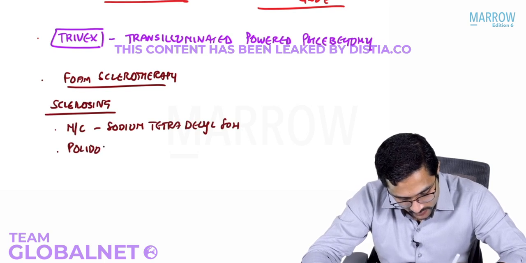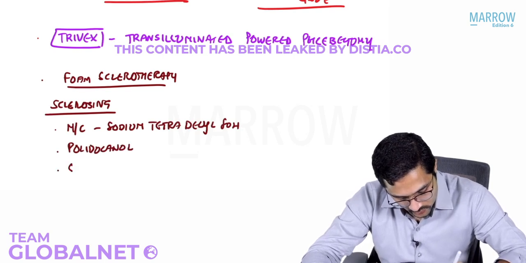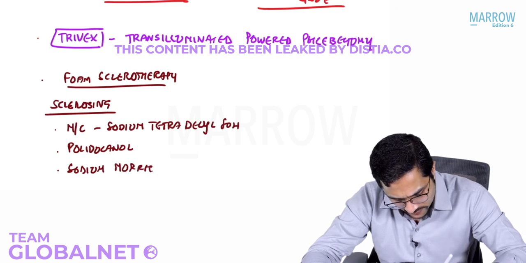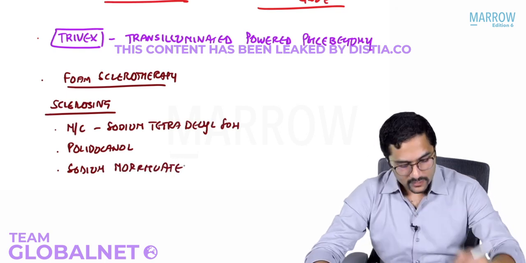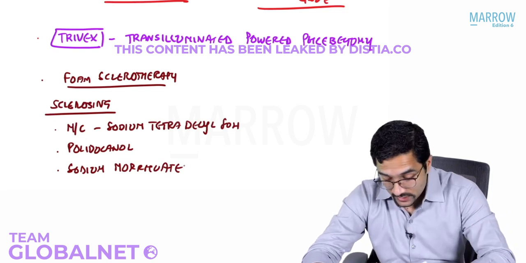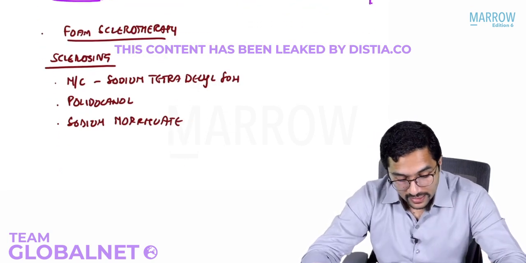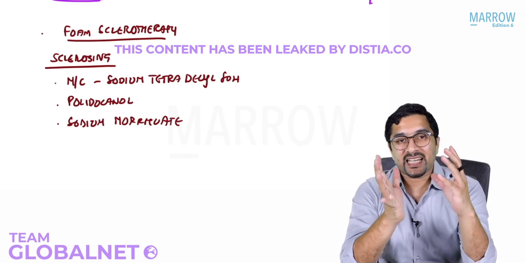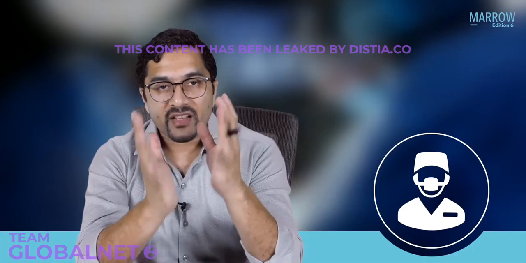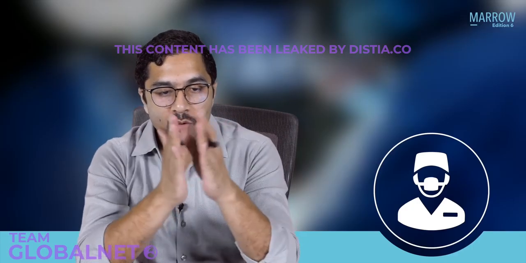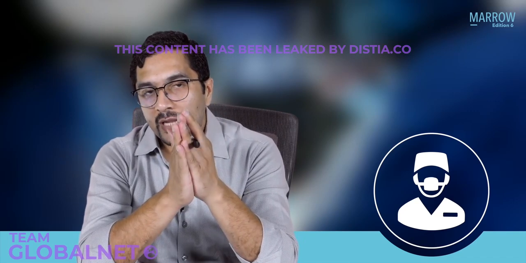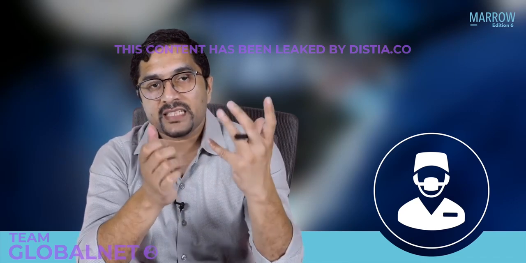Polidocanol is being used. Sodium morrhuate is being used. So these are some of the sclerosing agents being used for varicose veins as well. Sclerosing agents basically induce inflammation, and when they induce inflammation, the two vein walls will collapse or fibrose. That is how they work.